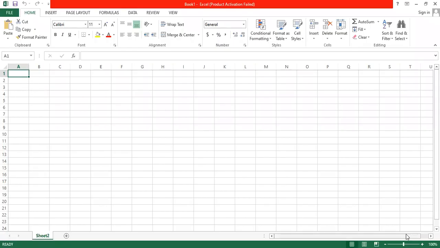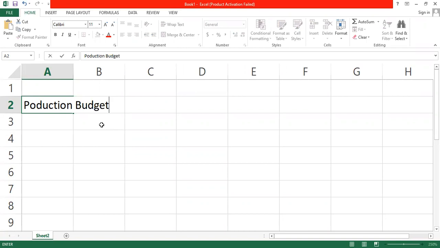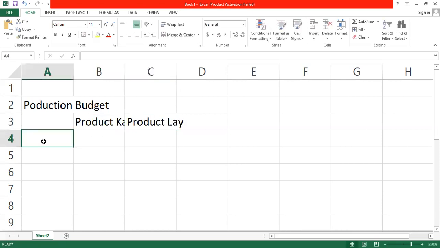So let's look at the production budget for product K. The first thing is, to know the production budget, we first have to know what we want to produce.